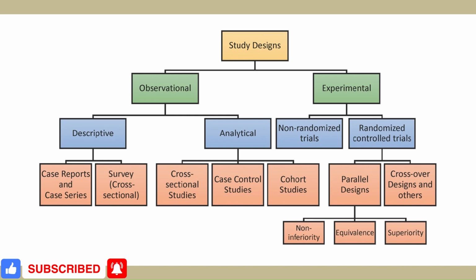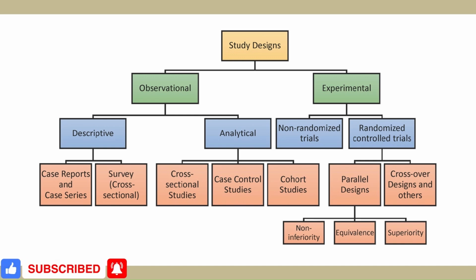Two main classifications: observational and experimental. We further divide observational into descriptive and analytical. Descriptive observational design: case report, case series, and survey or cross-sectional. And analytical observational design: cross-sectional, case control, and cohort studies.